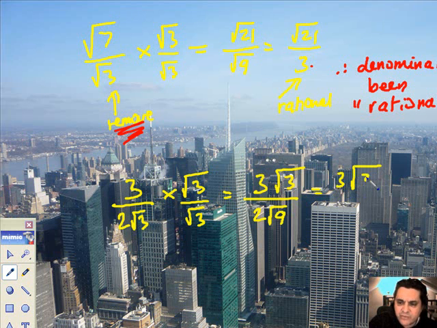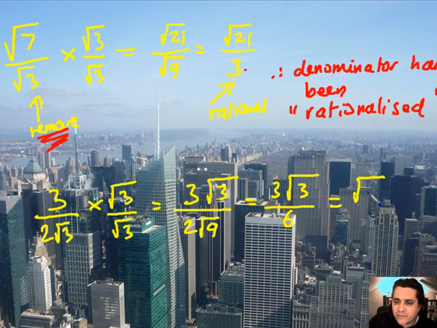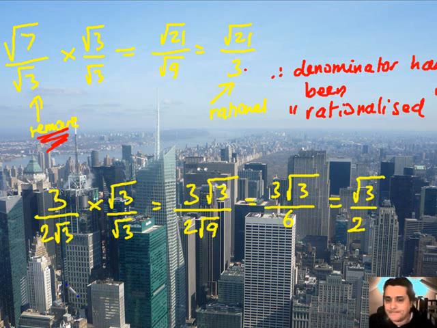Next step, 3 root 3's. Square root of 9 is 3, and 2 times 3 is 6. And look, 3 over 6 is a half, so I've got root 3 over 2. In other words, I've got half the root 3, and that's totally rational, and it's great, it's done.